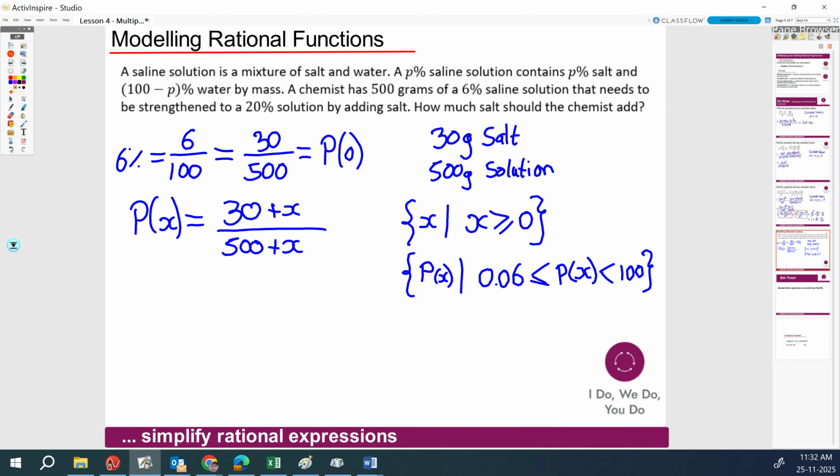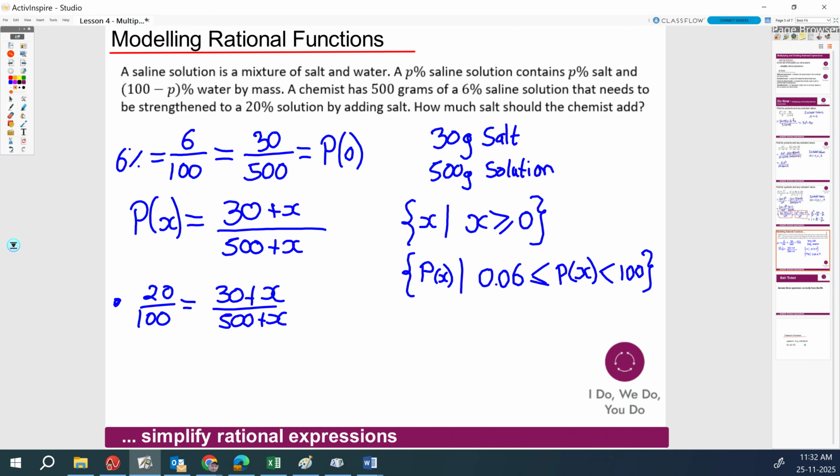So lastly, how much salt should we add in order to bring it up to 20%? We want to create 20%. So 20 over 100 is equal to 30 plus x over 500 plus x.